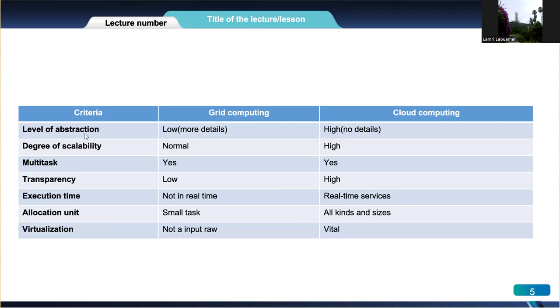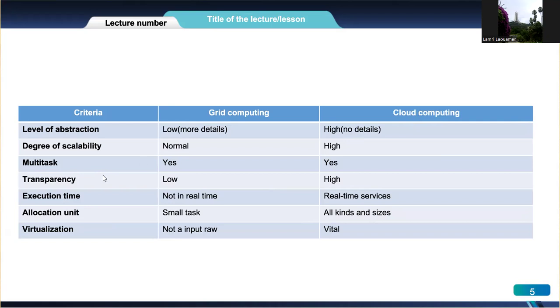For the level of abstraction criteria, grid computing is low, with more details, but cloud computing is high, and there are no details about the level of abstraction. Multitasking is permitted for both grid and cloud.